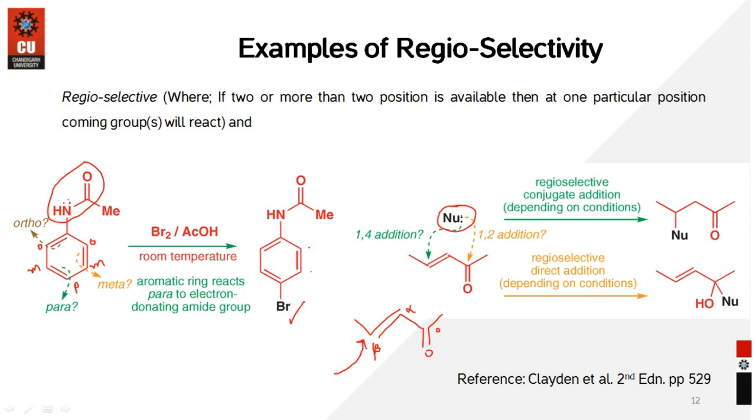The nucleophile is electron rich, so it can attack the electron deficient, delta positive position. So 1,4 addition can take place and 1,2 addition can also take place. That depends upon the reagent which addition will take place. So we can control the reaction by providing exact conditions, depending on which product we want.